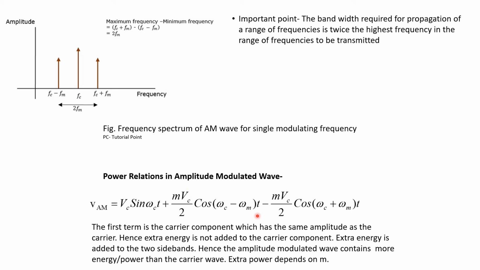And these two power terms will come along with the presence of the lower sideband and the upper sideband. In the next slide, we will calculate how much additional power is to be added to the transmitter in order to get the amplitude modulated wave transmitted from the transmitter to the receiver.